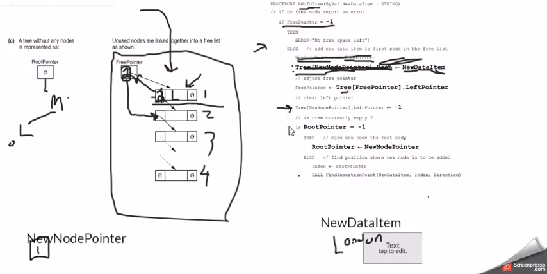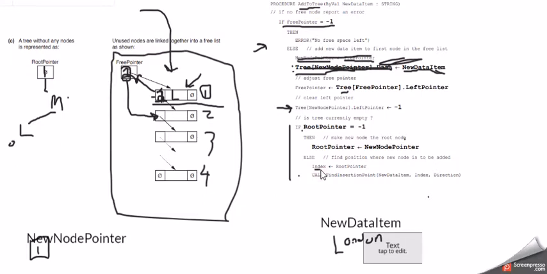We then check this bit of code to see if we've got anything in our tree. For example, if the root pointer is null, then we simply update the root pointer to be pointing to the item we just added, i.e. 1. If it isn't null, let's imagine that we are pointing to 1.